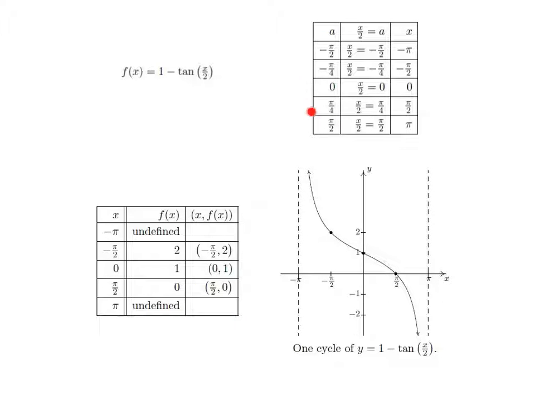Those are the x values of the key points. Now they're not all points, there's some asymptotes in there, but the key values, the x values. We set the inside of the trig function equal to these key values and solve for x, giving us new x values. We then plug those x values into the function to find the y values. These give us our new asymptotes and our new key points, and that's how you graph the tangent.